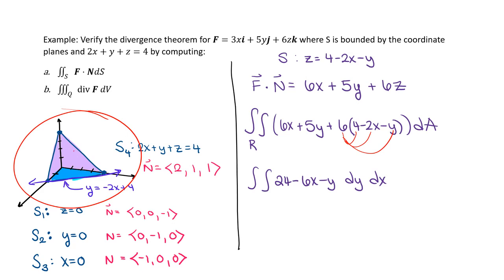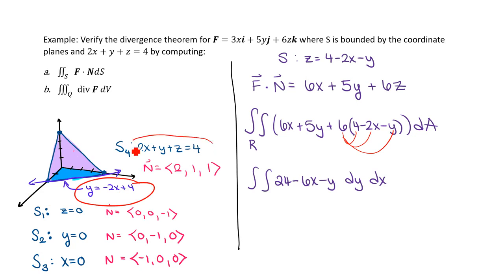So in that particular region, the y values are going to go from y equals 0 up to this line, y equals minus 2x plus 4. Here it is. There's my plane. I just plugged in 0 for z, and that's how I got that y equals 4 minus 2x. Okay, so the y values go from 0 to that line, 4 minus 2x, and then the x values go from 0 to 2.